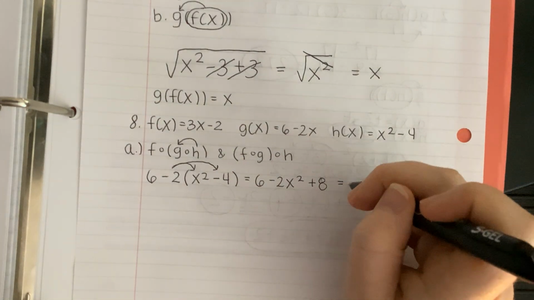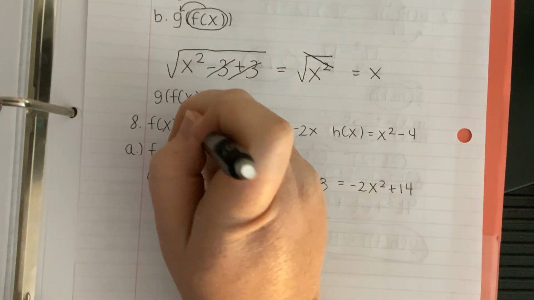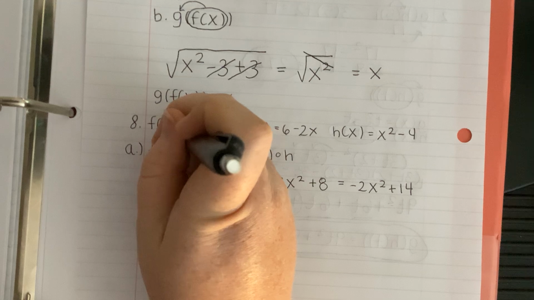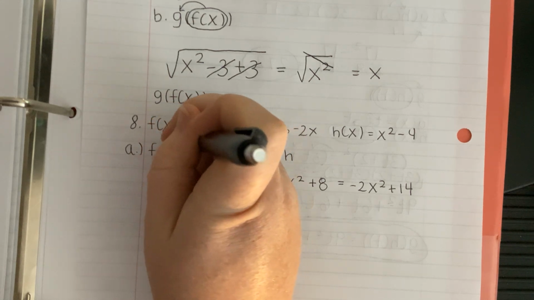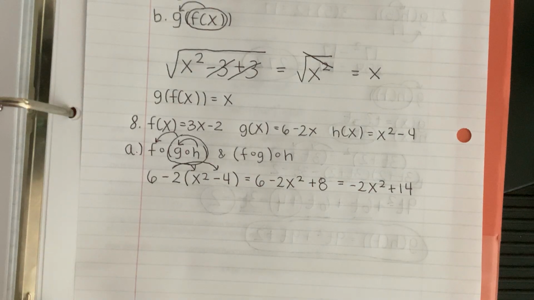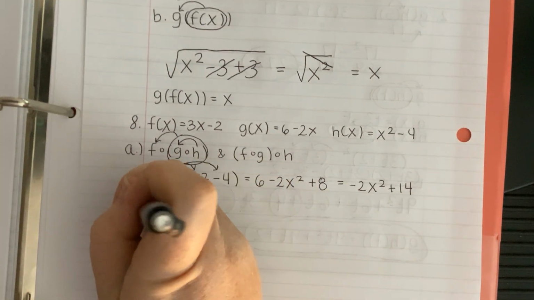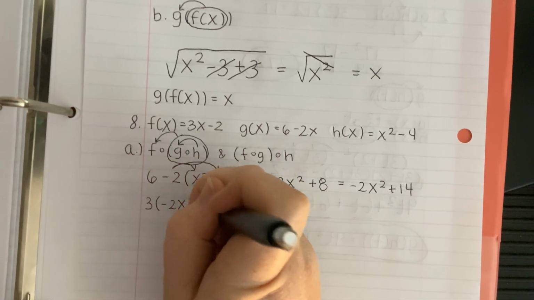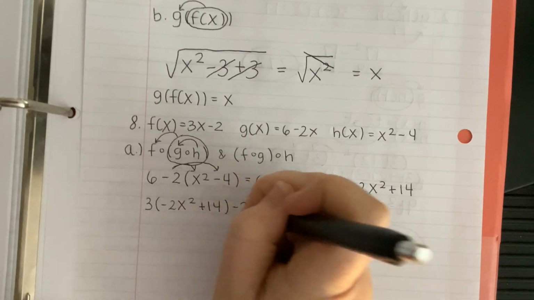So now we're going to take this whole thing and plug it into our f equation. So always working backwards. We started inside our parentheses, we got that answer, and now we're plugging it into that f equation. So now we're going to have 3, open parentheses, negative 2x squared plus 14, minus 2.